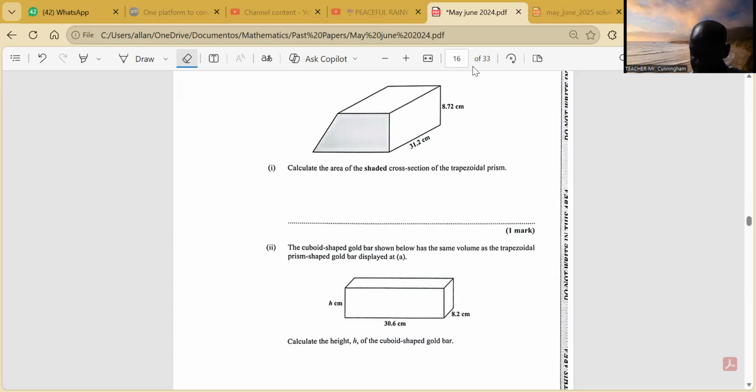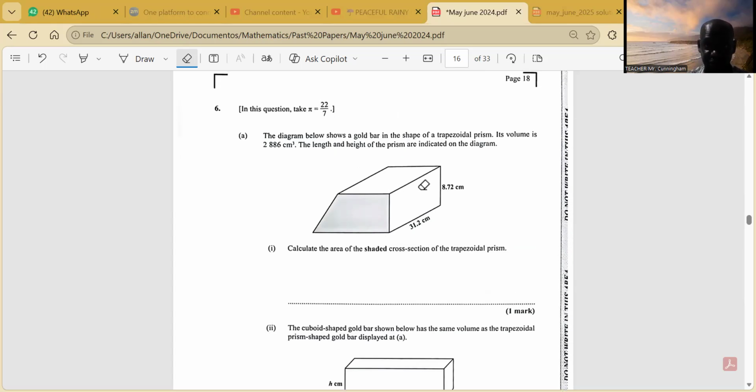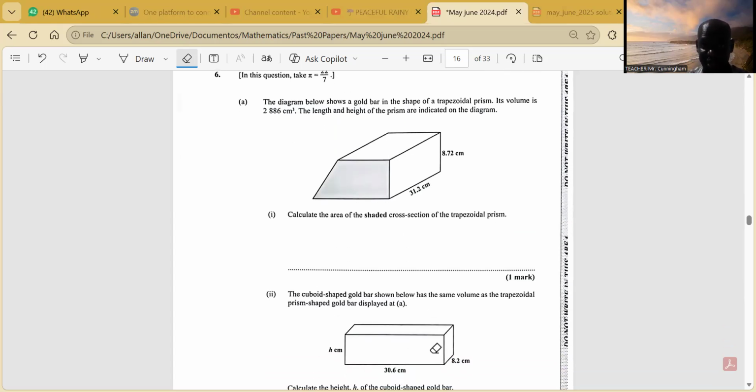The breadth is 8.2. They didn't give us the height, but they gave us the same volume, which was 2,886. All right, so Naomi, who just came, they're saying that this cuboid has the same volume. And the volume of, I don't want to write on this paper.